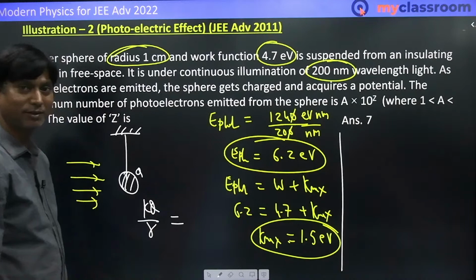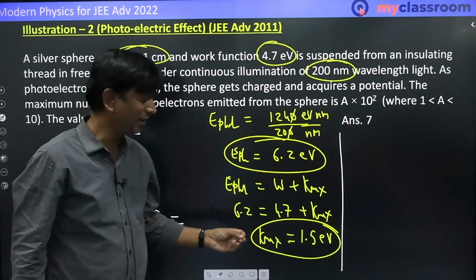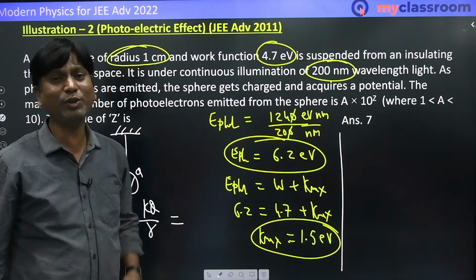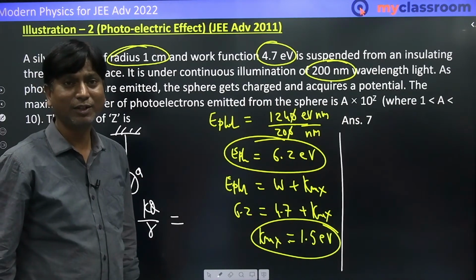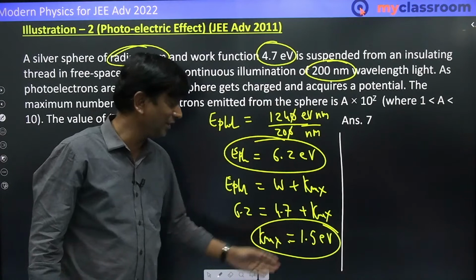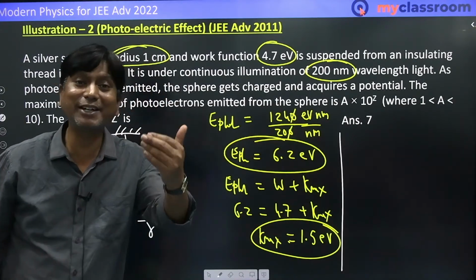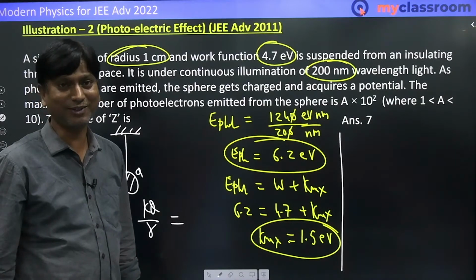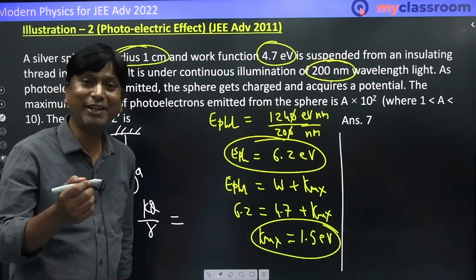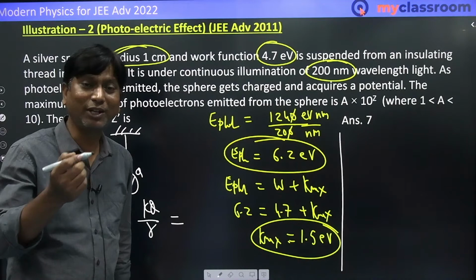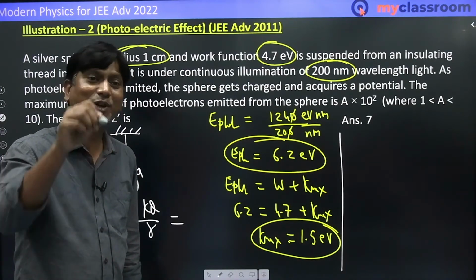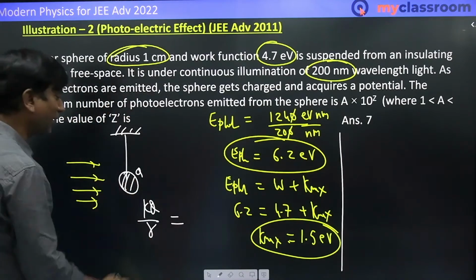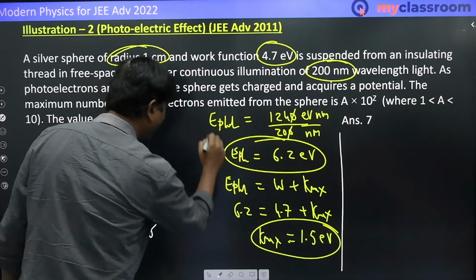When electrons are accelerated under a potential difference of 1.5 volts, they will acquire a kinetic energy of 1.5 electron volts. So that is why this stopping potential is simply 1.5 volts.